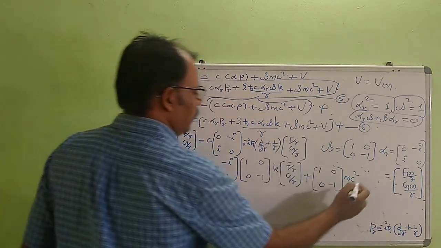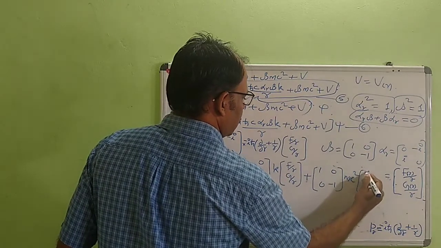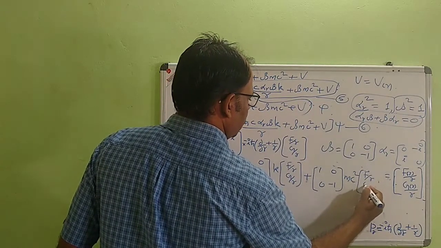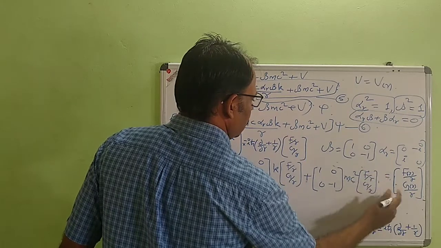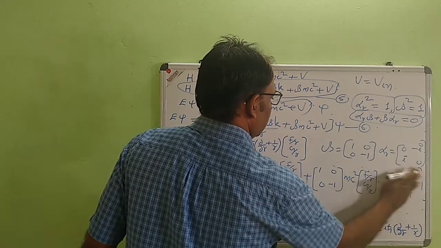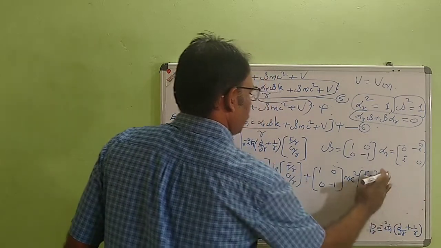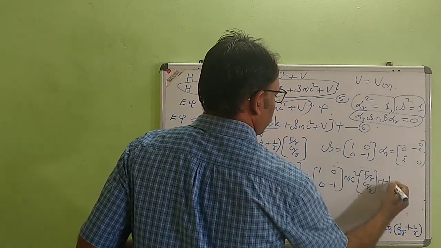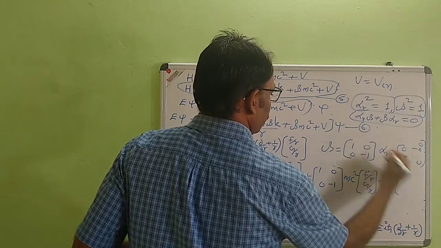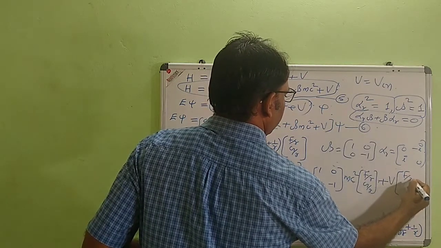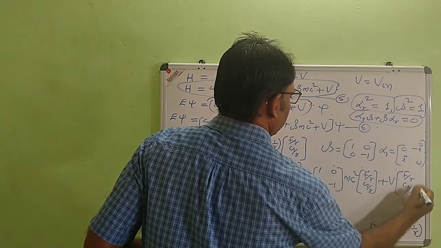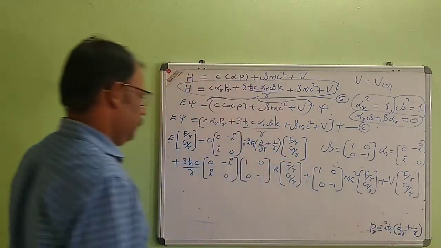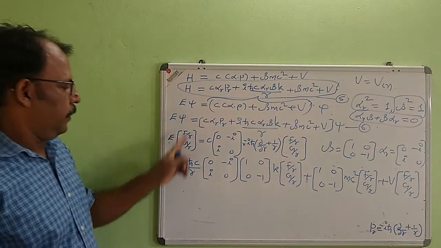Beta m c square into psi, where psi is F by R, G by R. Now the last term, plus V into psi, where psi is F by R, G by R. So this equation we have written here.